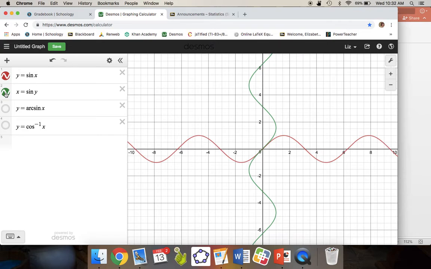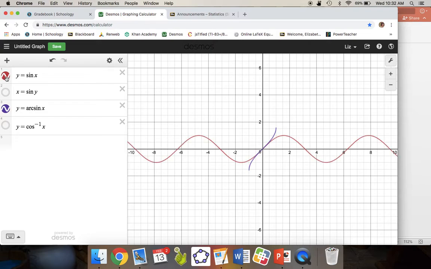So when we actually work with our inverse functions, which again you can define with the word arc or with that little -1, it is going to limit down the domain of the original function, which will then create an inverse function.